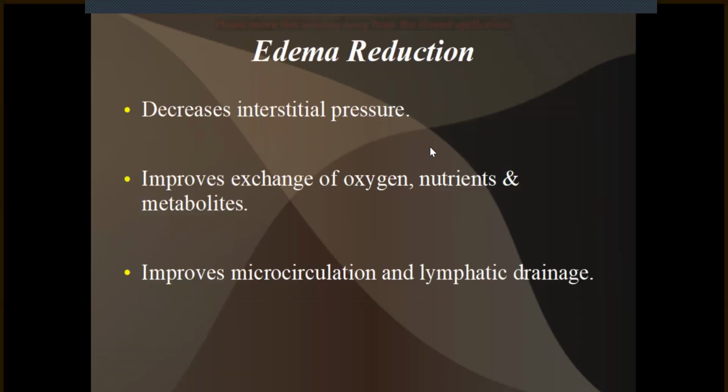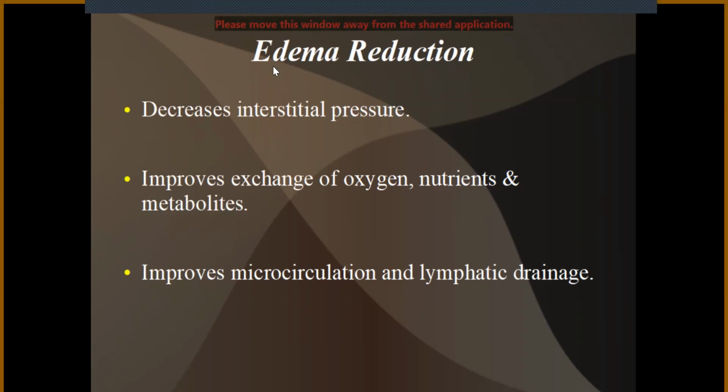So by negative pressure wound therapy, we reduce the edema, and the reduction of edema decreases interstitial pressure, improves the exchange of oxygen, nutrients, and metabolites. It improves the microcirculation and the lymphatic drainage.